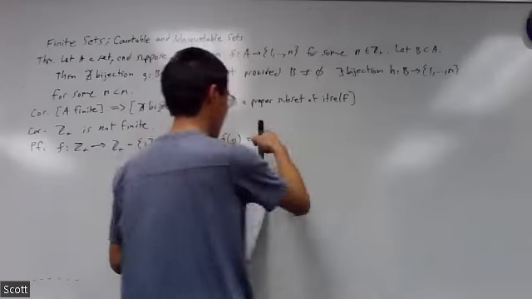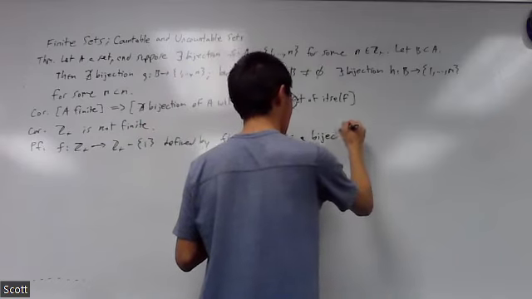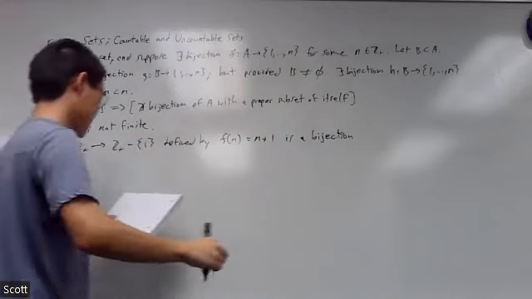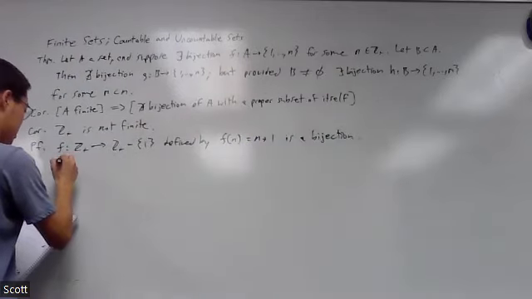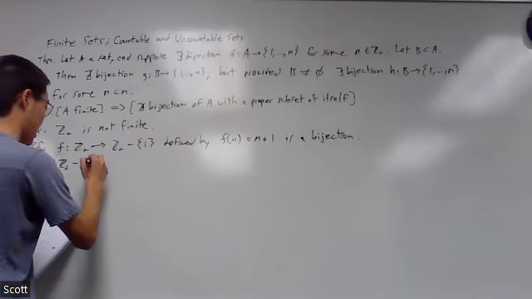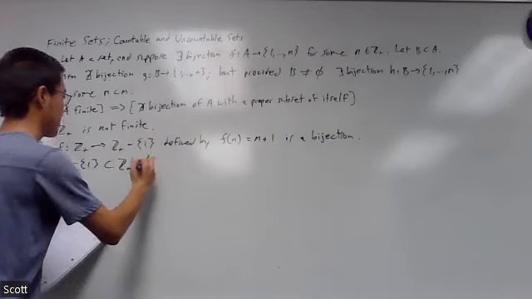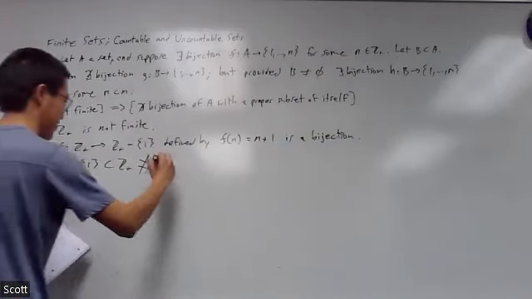You just shift everything. But this is a bijection. The only issue is that Z plus without this element is a proper subset of Z plus, so it's a contradiction to the previous. So yeah, that was kind of fun.